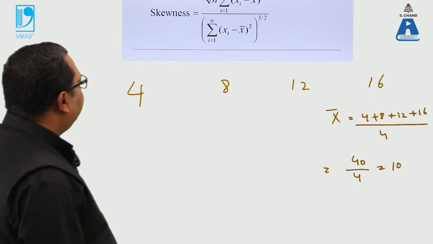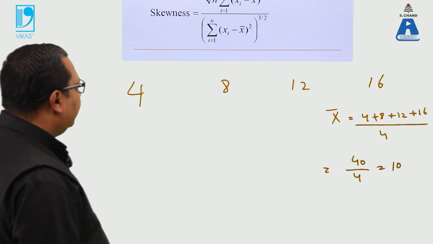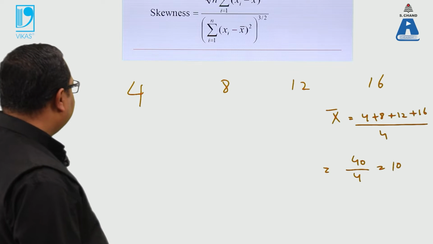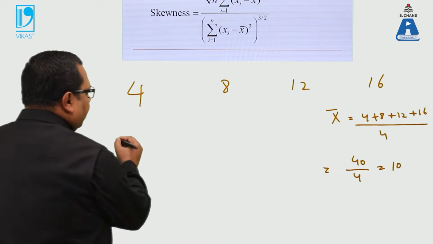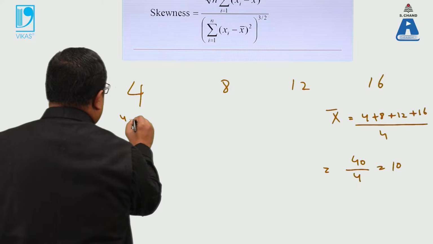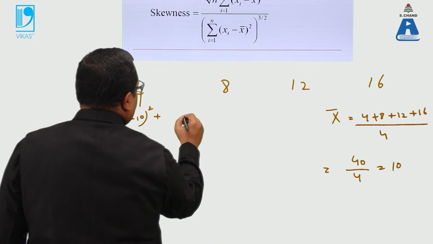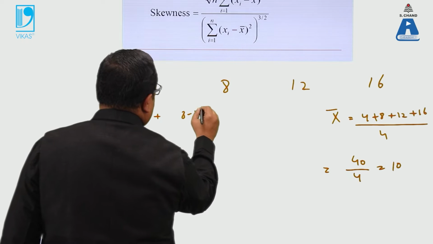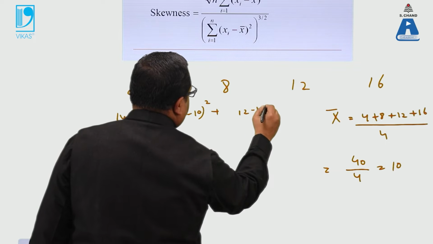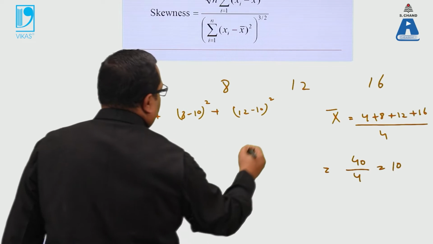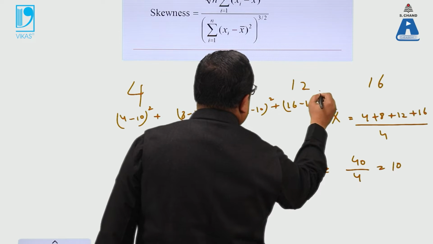Now we have to calculate x minus x bar whole square and x minus x bar whole cube. So x minus x bar whole square first we will calculate. So it will be 4 minus 10 whole square plus 8 minus 10 whole square plus 12 minus 10 whole square plus 16 minus 10 whole square.